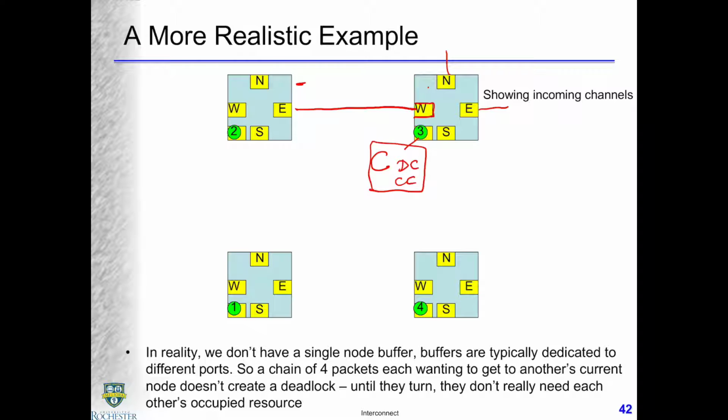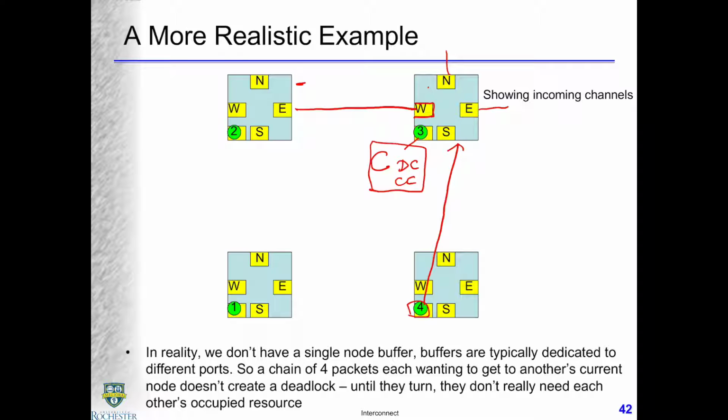And they all want to go to their counterclockwise neighbor. So packet 4 over here wants to go there. What will happen? If that's all we want, we're done.